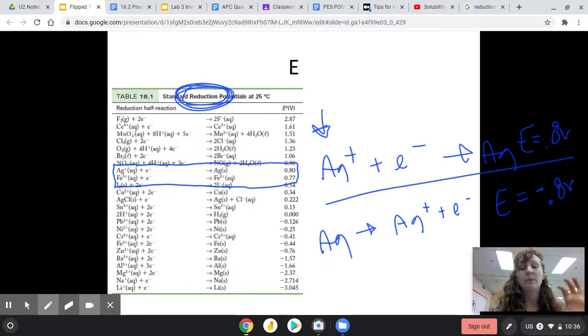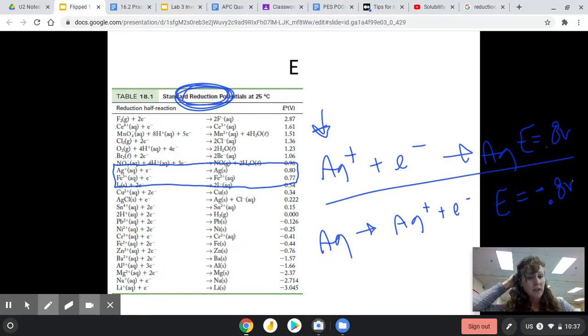And so that positive versus negative tells you what direction the energy is going to need to be coming from. Is it going to be given off? Is it going to be taken in? And we can manipulate these because, like I said, anytime you have something that's being reduced, you must have something that's being oxidized also. And so we can manipulate these to make them oxidation.